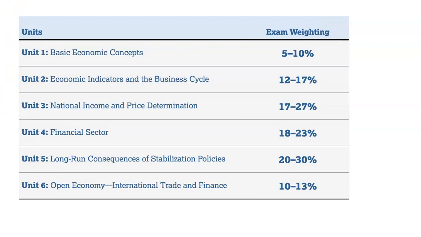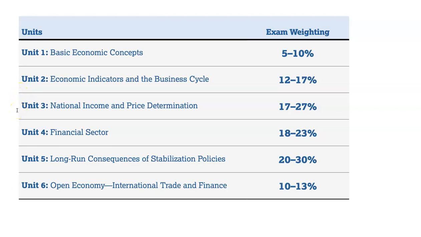On the macroeconomics side, again, we have 6 units. You can see that Unit 1 on basic concepts overlaps between the two, so there are some similar building blocks used for both courses. Things like scarcity, or as I like to say for my pirate version, scarcity. Unit 2 is economic indicators and the business cycle.